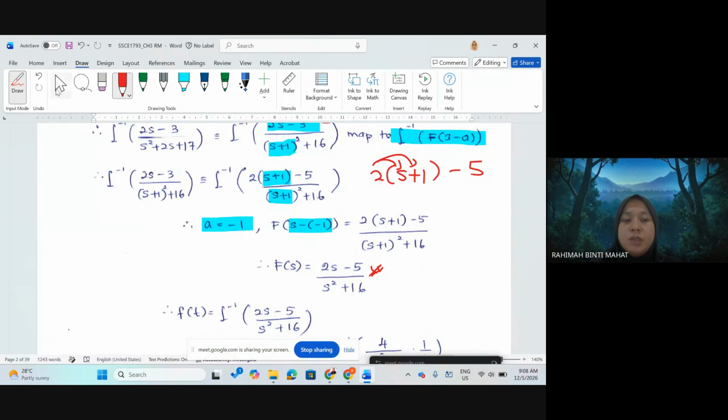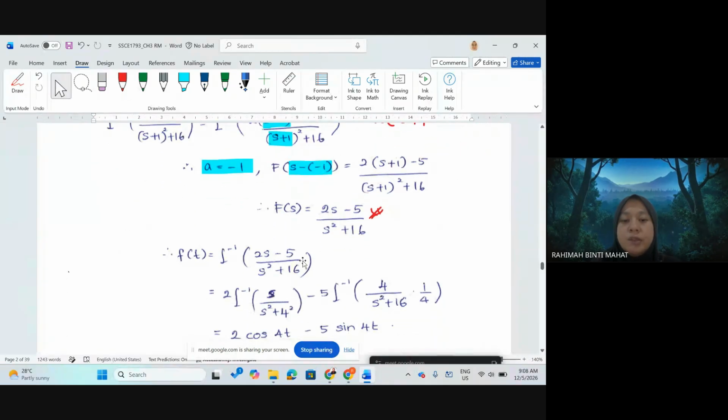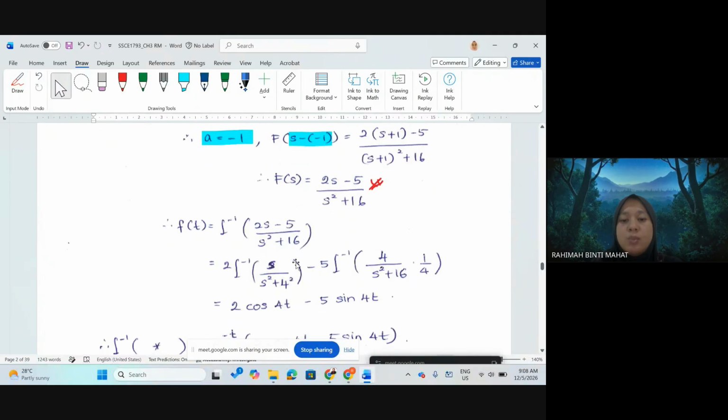So your ft is equal to the Laplace inverse of 2s minus 5 over s squared plus 16, from your Fs here. And you can do it separately, because you look here, there is s squared and 16. That means that 4 squared is equal to 16. You may refer to the elementary table.